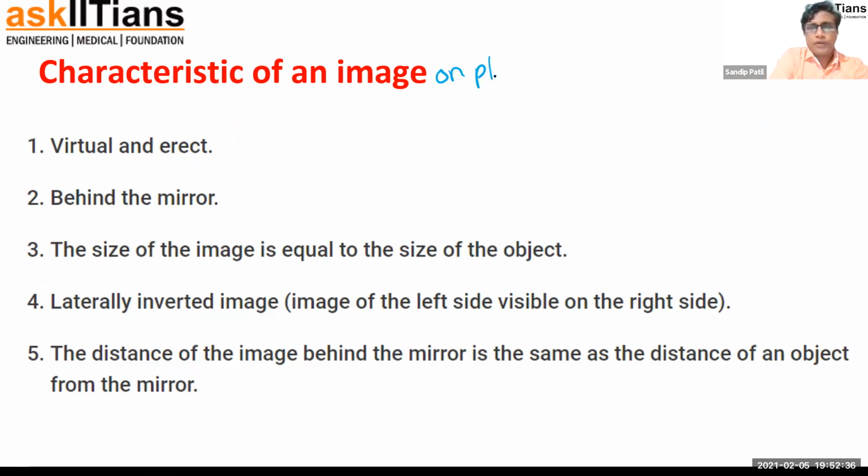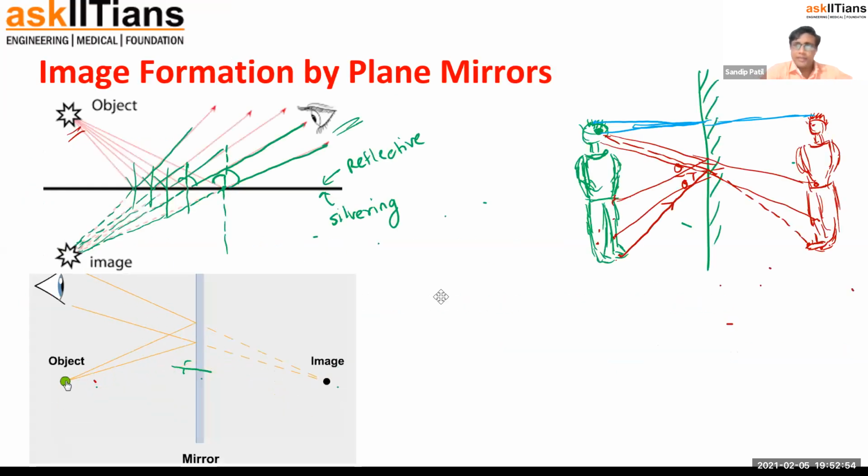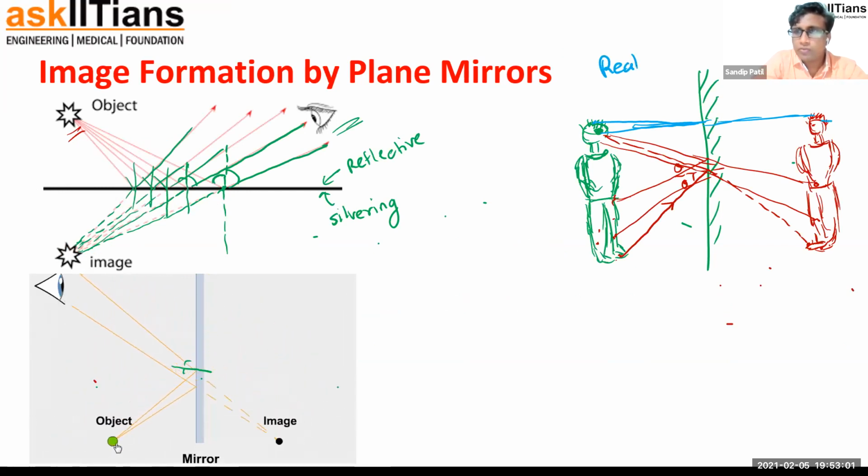Let me add one more word here. On plane mirror. Okay. So characteristics says that first of all it is virtual and erect. Right. So the image is virtual and erect. What is the meaning of that? So virtual means what? For any mirror, if this is the mirror, there are two sides. This is called the real side, and this is called the virtual side.